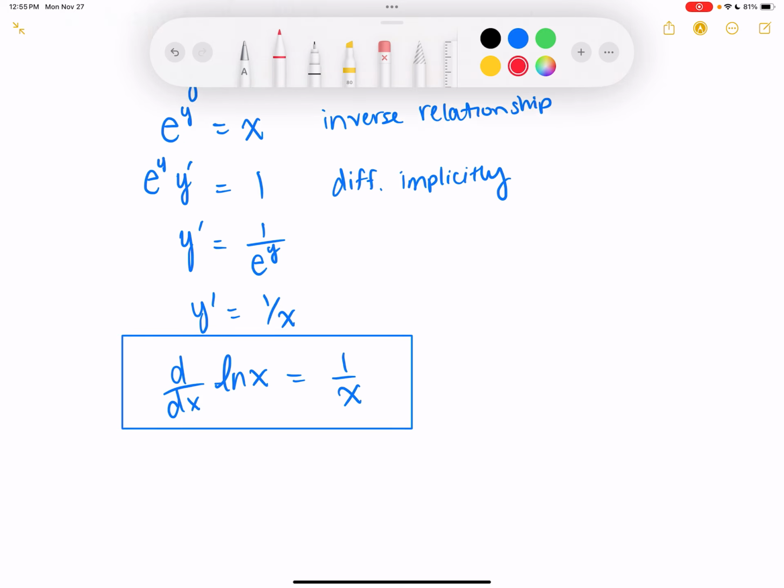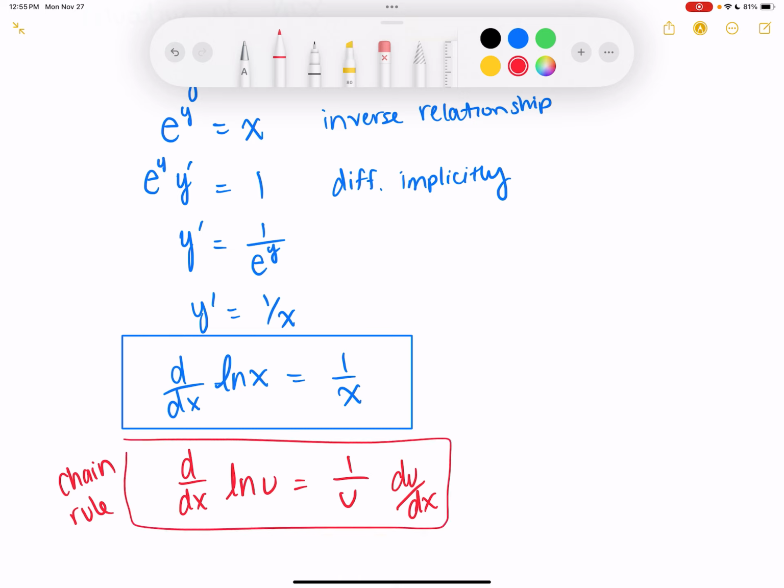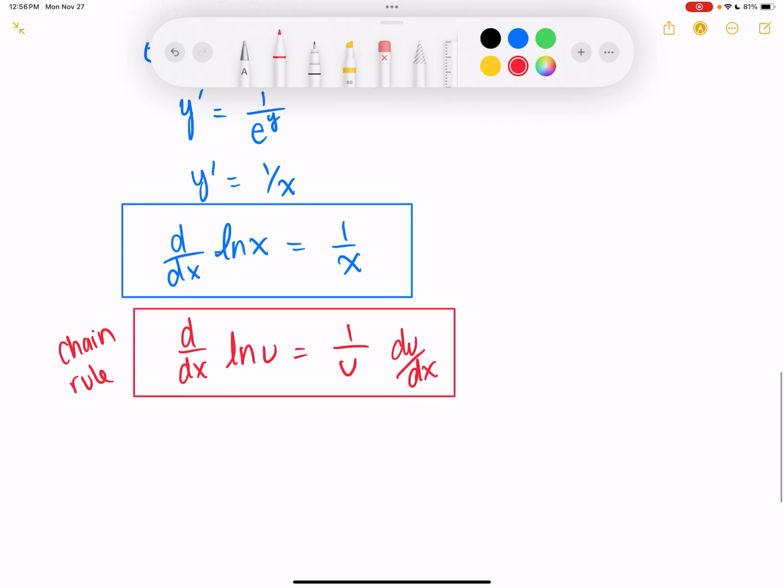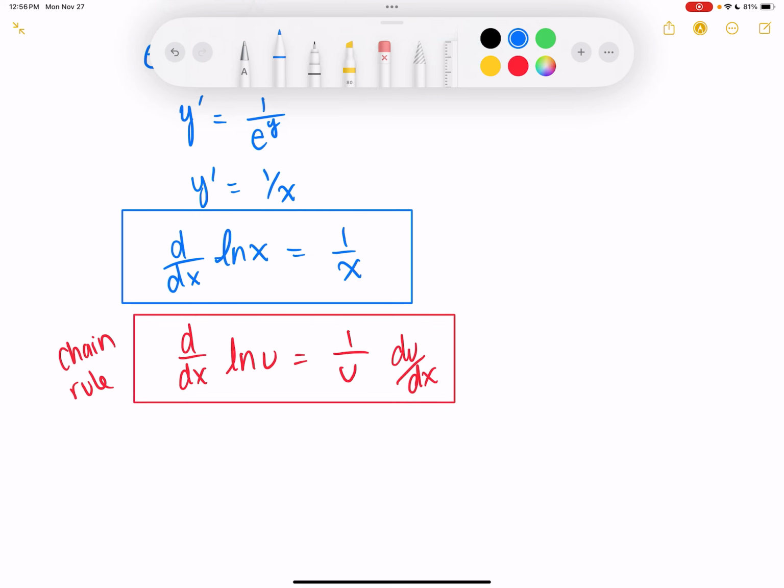And as I'm sure you can guess, we have a chain rule for this as well. d dx of the ln of u is 1 over u times du dx. Now, that's the derivative of the natural log.